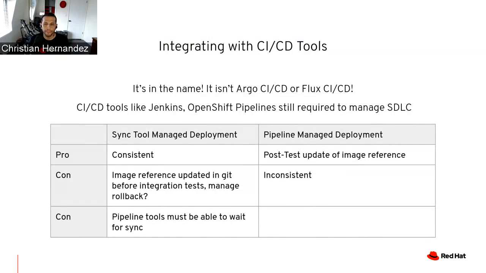With tools like Jenkins or OpenShift Pipelines, you still need to manage your builds and all the pipelining the way you do. It's not meant to replace, it's meant to be an addition.